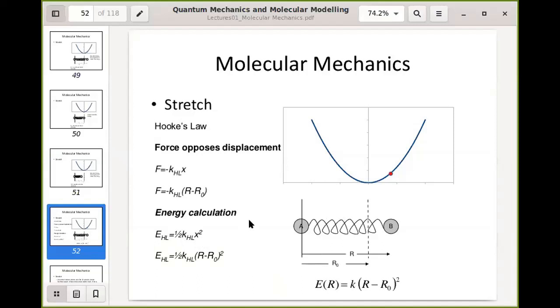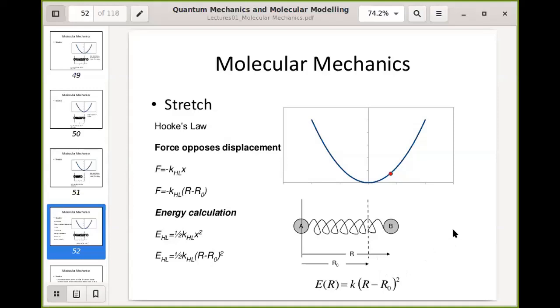Okay, but if we want to translate that in terms of a bond, the displacement is not an x squared. The displacement is a difference from equilibrium. If your distance is not at equilibrium, that difference, how far it is away from equilibrium, is your displacement, and we can square it to get the Hooke's law equivalent energy.